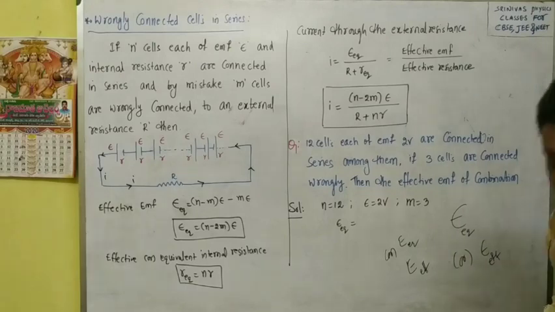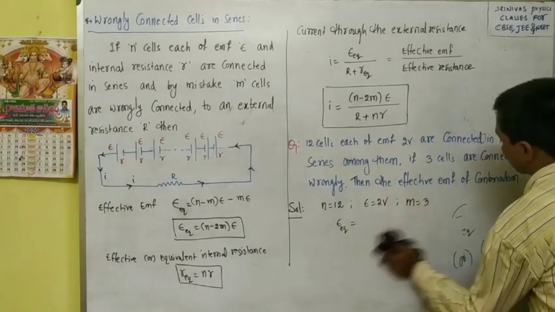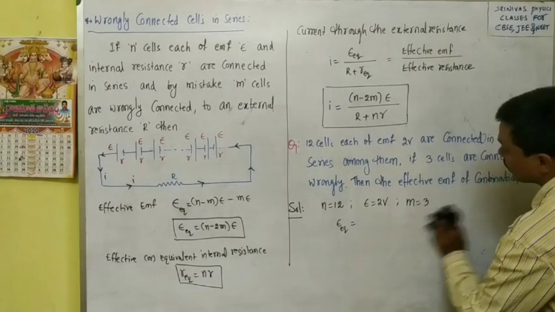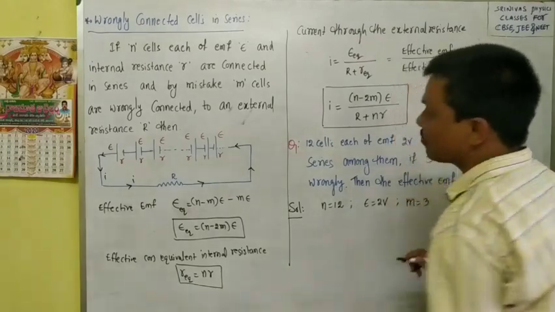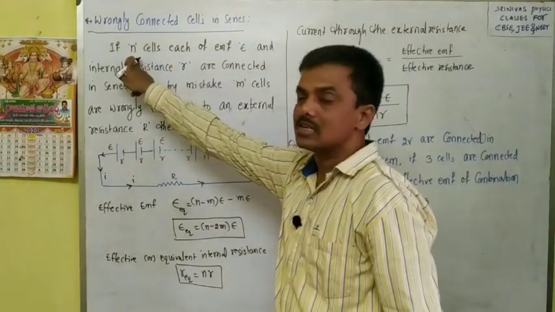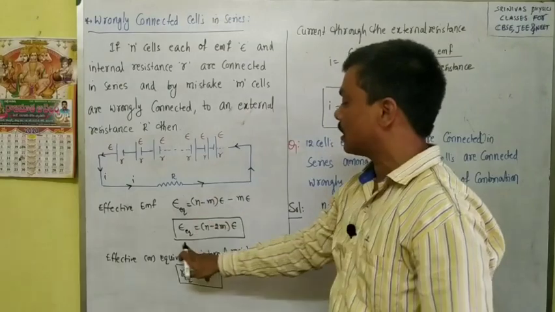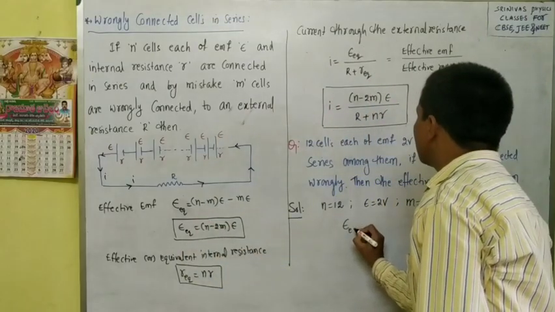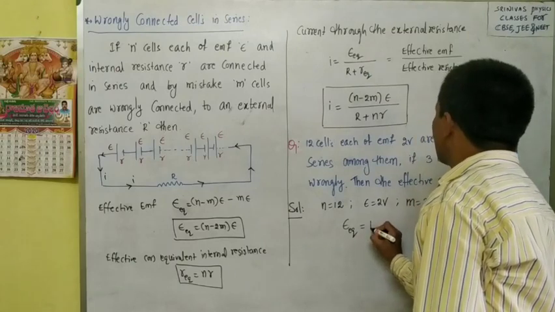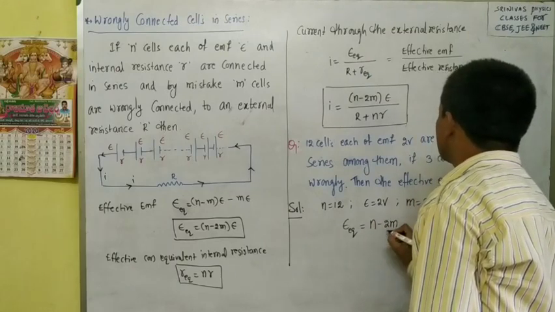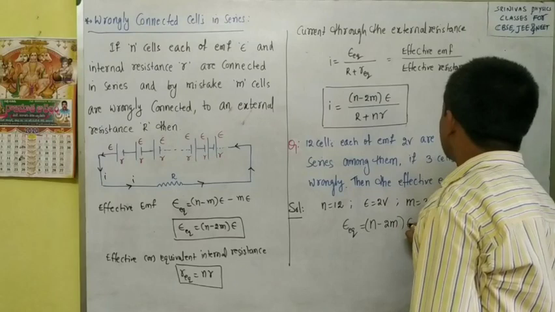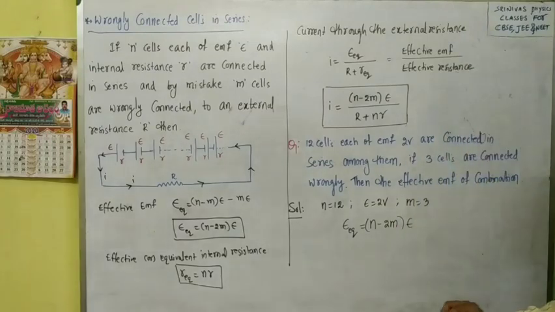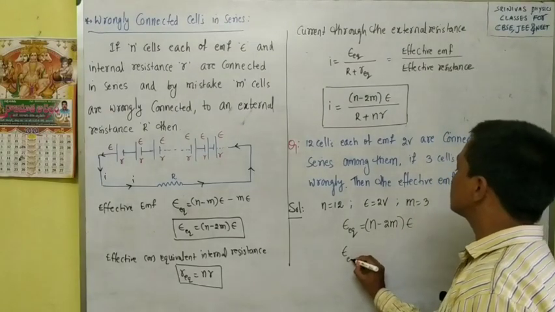Any one notation you have to follow, don't get confused. The E equivalent formula is the same: the total is n cells, out of which m cells are wrongly connected, so the effective EMF is (n minus 2m) into E. Substitute all the values you know and you will get the answer.